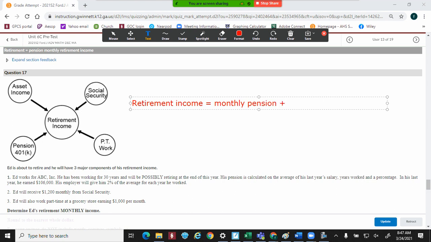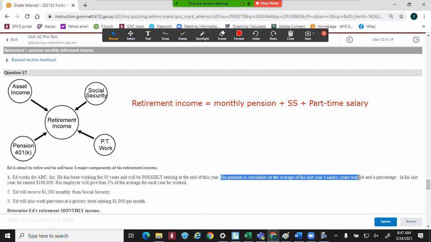Then we add Social Security, and then we add his part-time salary. That's all we're going to do to get our monthly retirement income. So step one, we figure out his pension by multiplying the year's salary, years worked, and percentage. So step one, we're going to do this right here.